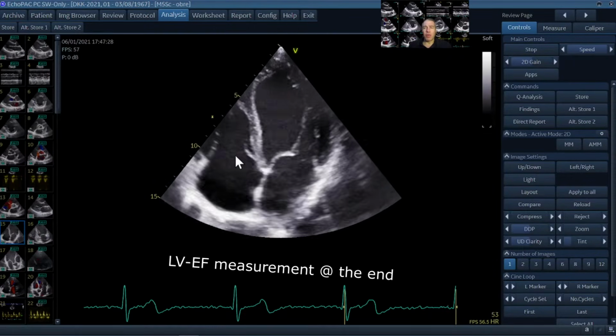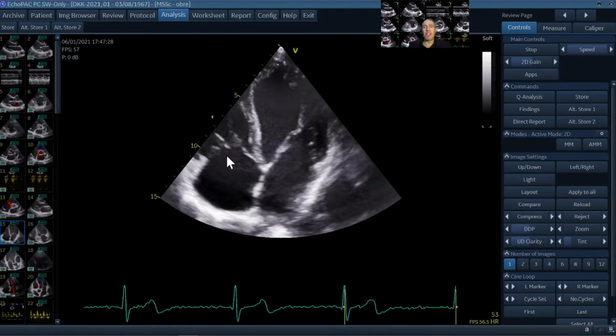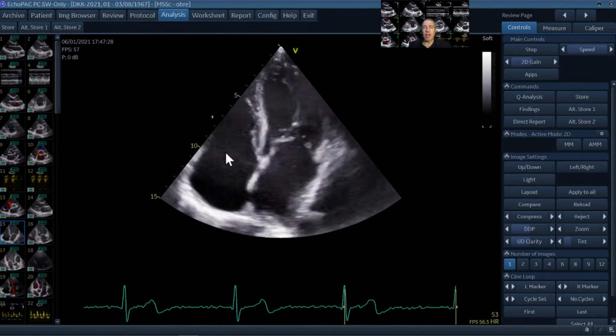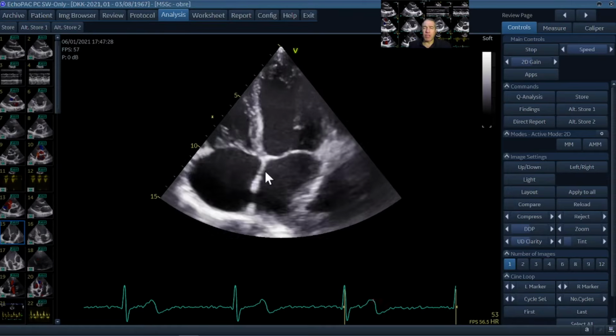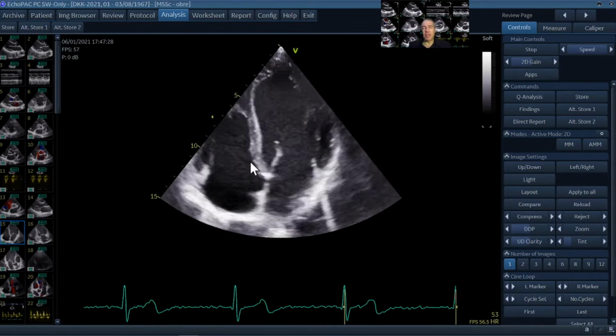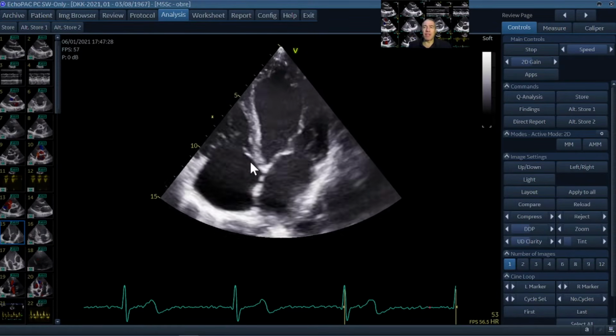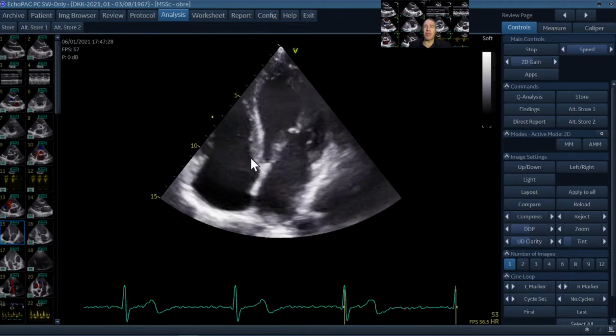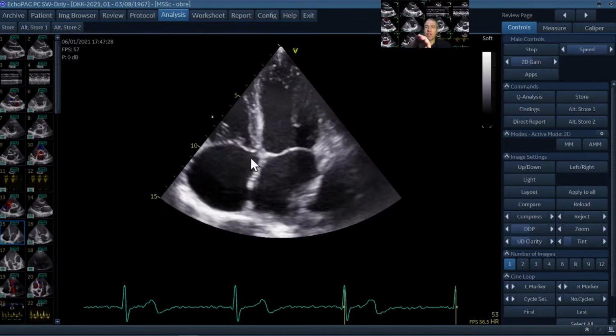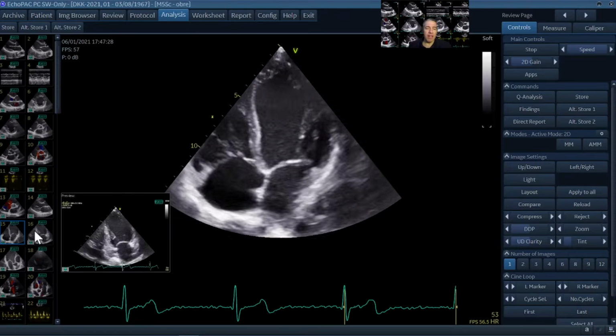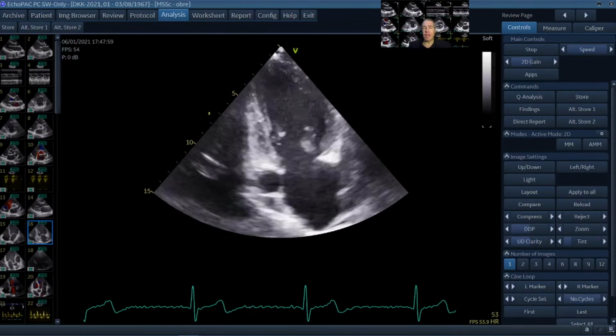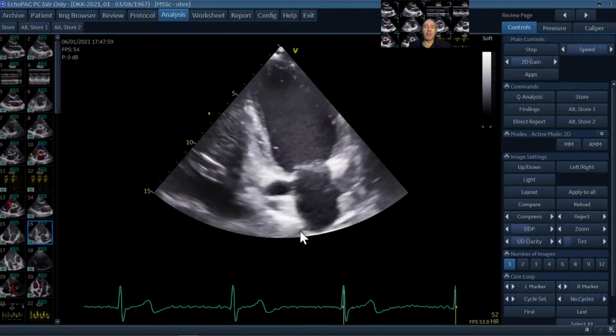Let's have a look first at the anatomy of the other apical views. Now this is the apical four-chamber view, where I typically start my apical exam. If you now turn the probe 60 degrees counterclockwise, you first will end up in the apical two-chamber view.